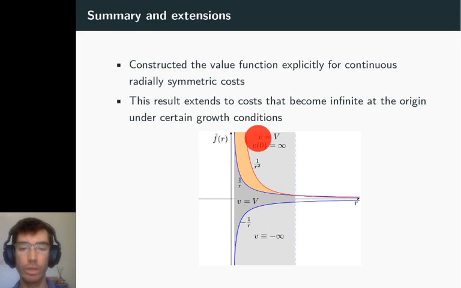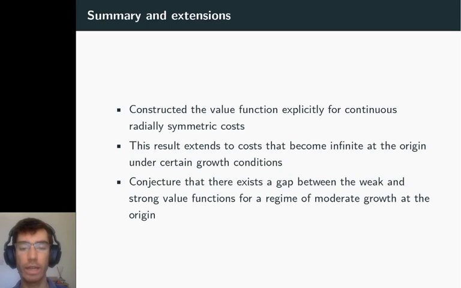And what we've shown is that in these regions shown in gray, the value function is still equal to the same candidate that we constructed previously, and we can classify when the value function becomes infinite. Noting that in this darker gray region here, although the cost function may become infinite, the value function itself remains finite.